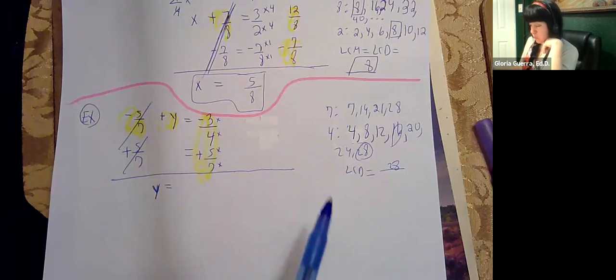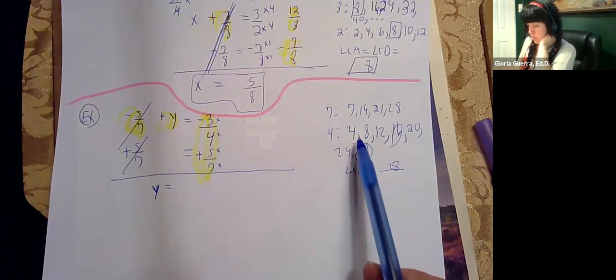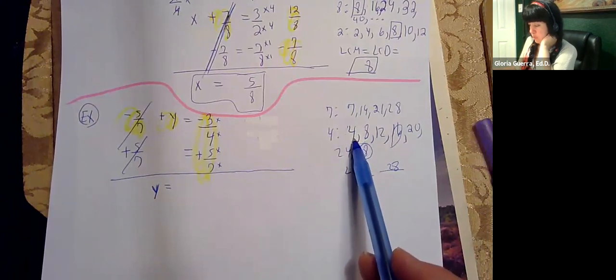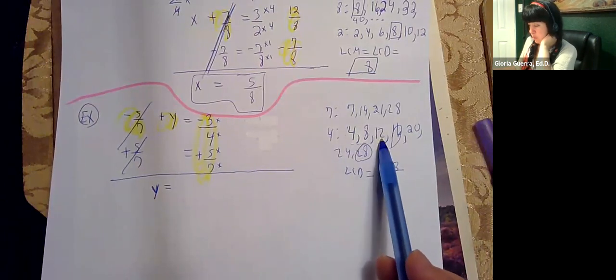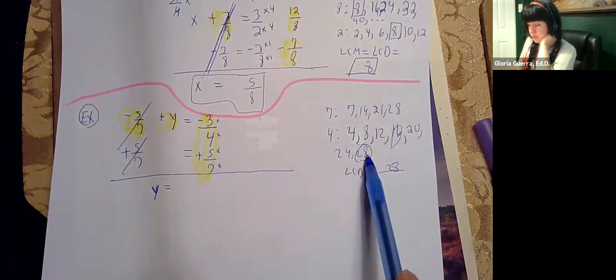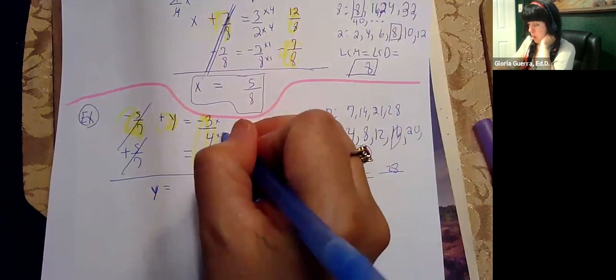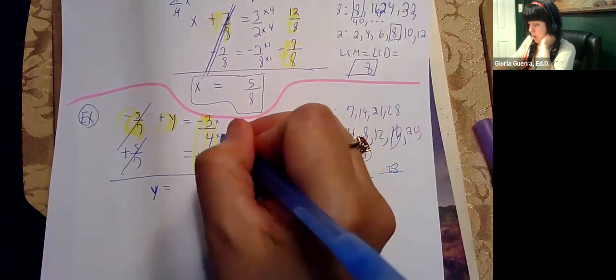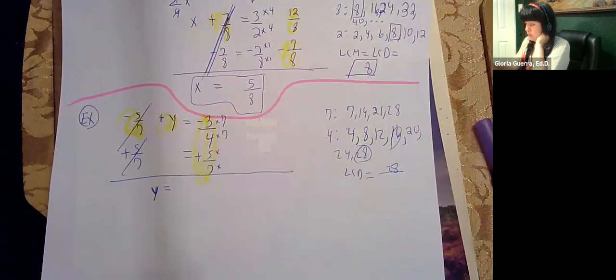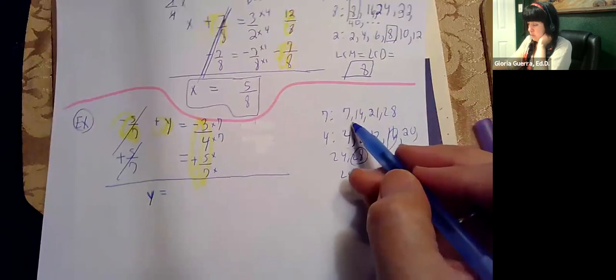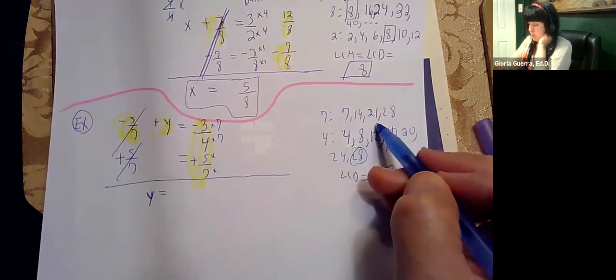Okay, so on the 4 here, how many multiples of 4 do we need? Let's see, 1, 2, 3, 4, 5, 6, 7. Looks like we need 7 for that. And then the other uses a 7. 1, 2, 3, 4.